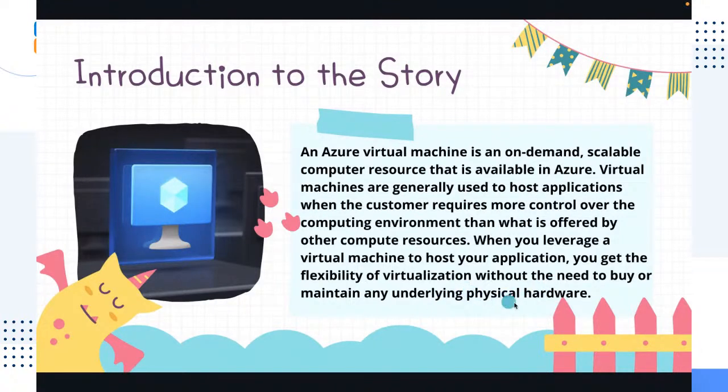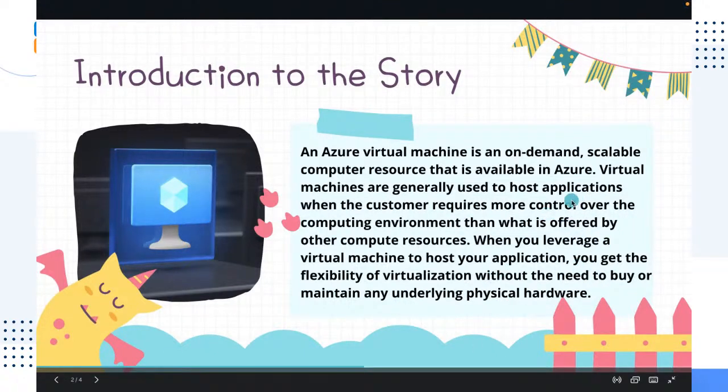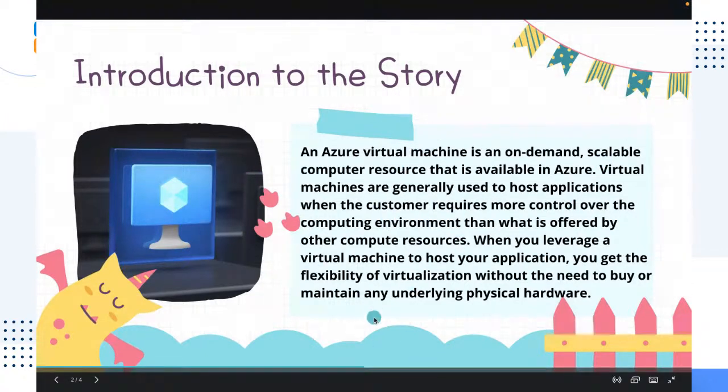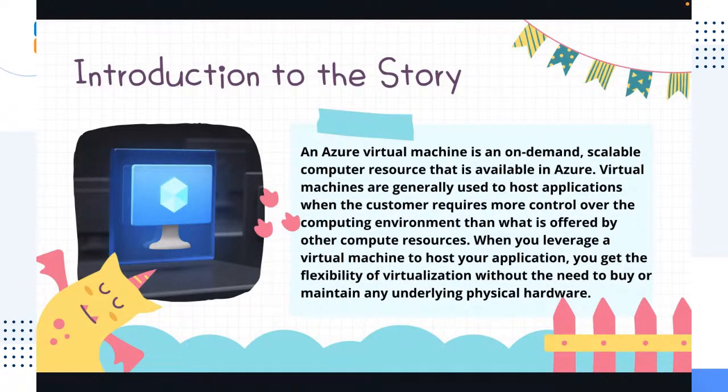All of that is managed and maintained by your cloud provider, and of course that's one of the key benefits of using cloud native products. So that's in short all about a virtual machine, and now we are going to create one and deploy an application there.